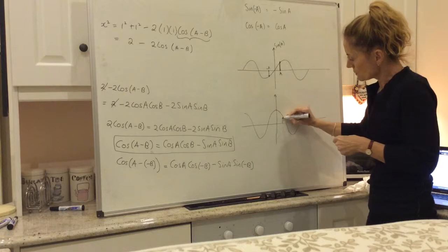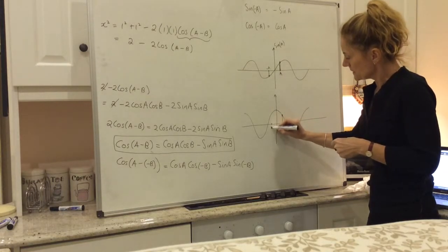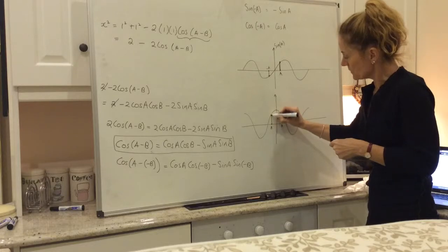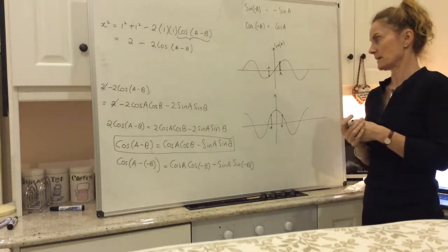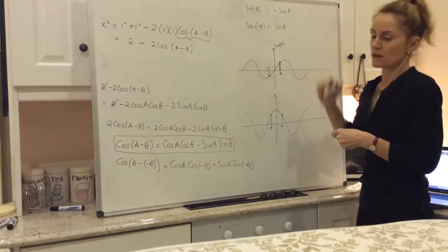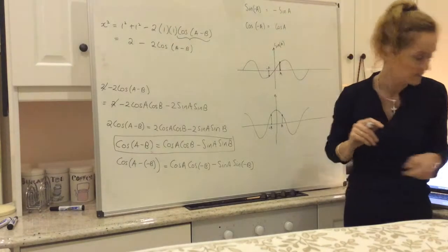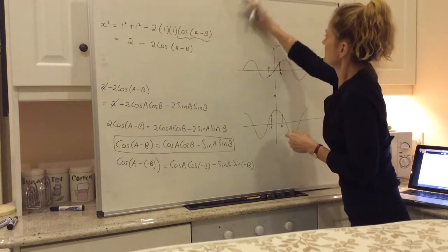If you look, the cosine of A is exactly the same value and the same sign as the cosine of minus A. So that's where this comes from, but it's in your log tables. Important to remember. So from there, let's just finish that then.